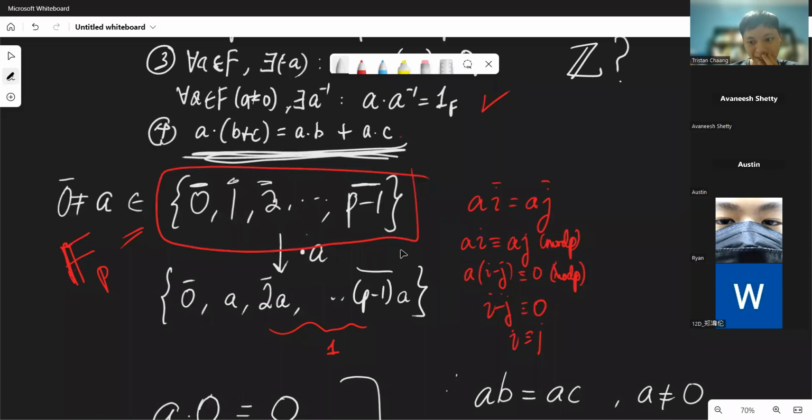Complete residue system. Yes. So if you want to prove Fermat's Little theorem, you take the P minus 1 non-zero residues, right? If you multiply by A, remember it permutes every single residue. That means the product of the residues before must be the same as the product after.